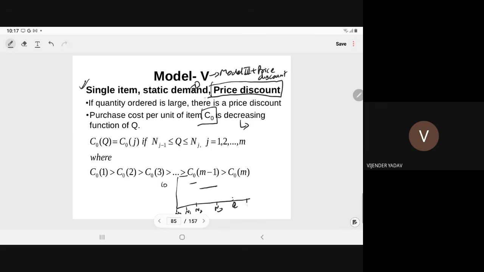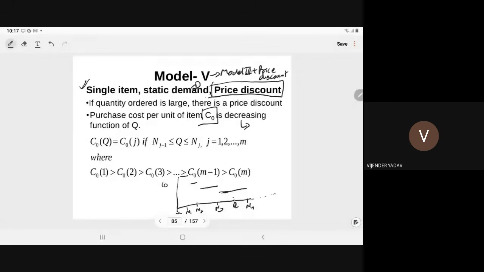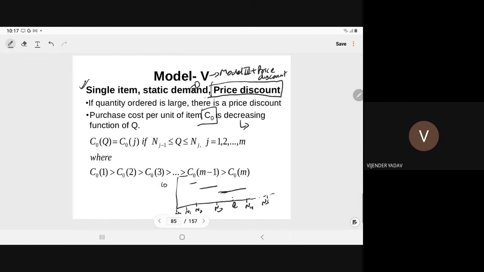For n4, we have this cost, and for n5 we have this cost, and after that it will continue. Here you can observe that this is the unit cost.